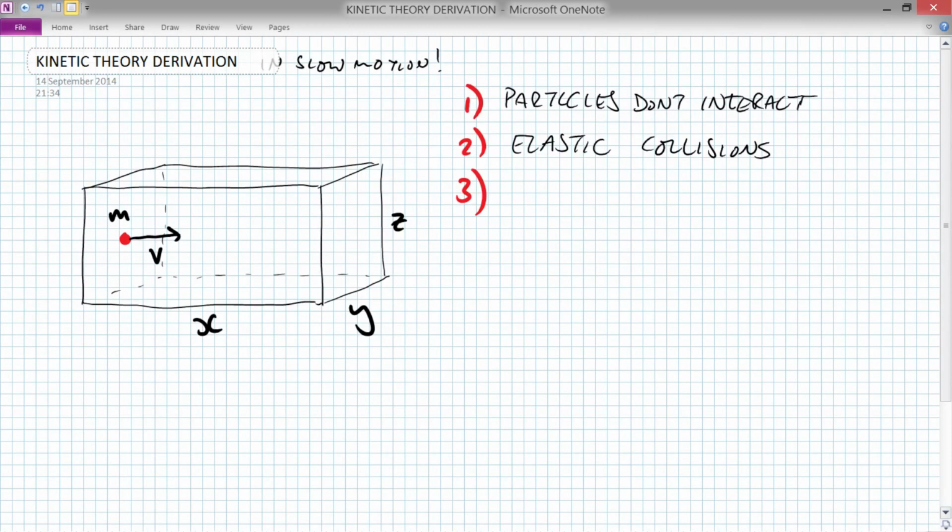And the third and final one is that particles have speeds that are governed by a statistical or random distribution. So particles have a random distribution of speeds.